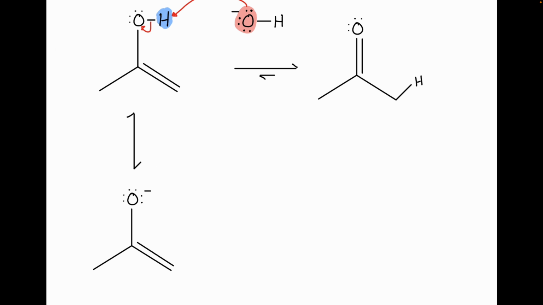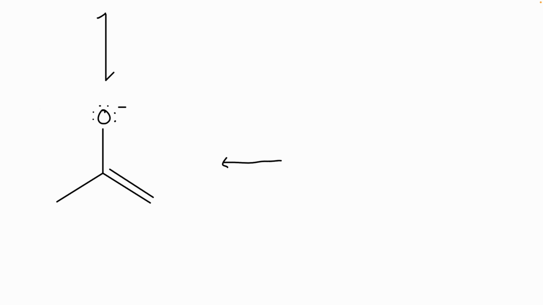Now again, we have one of our resonance patterns here. Now we have our allylic lone pair. Everybody take a second and see if you can remember our resonance patterns. What's going to be our other resonance contributor for that allylic lone pair?